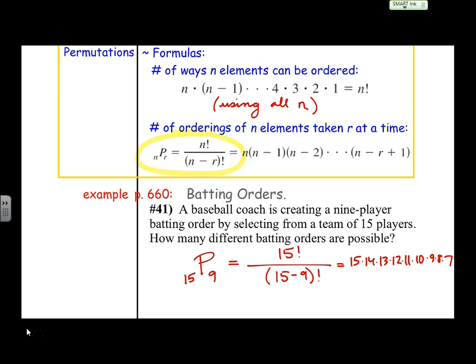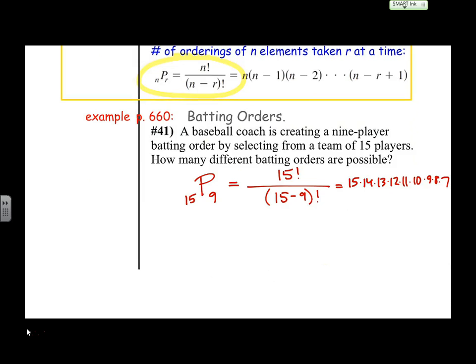So my people on their calculators, what'd you get? 181621440. Double check. One more zero? Is that better? Yeah. That's kind of big. You know, in the trillions.